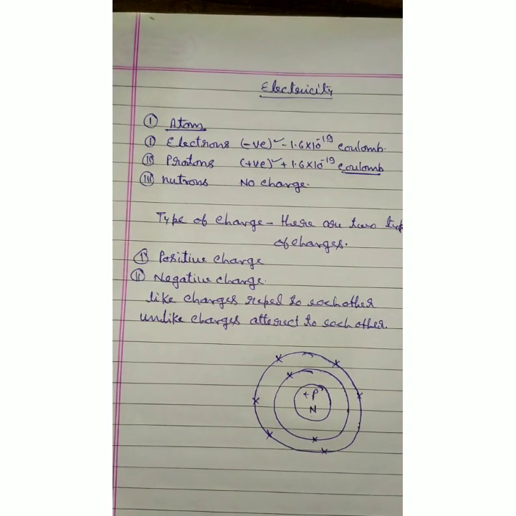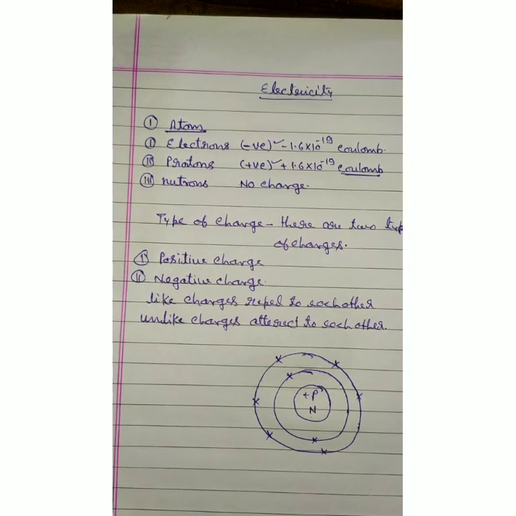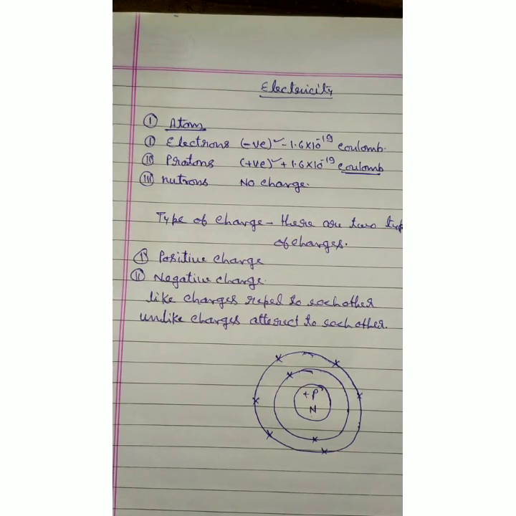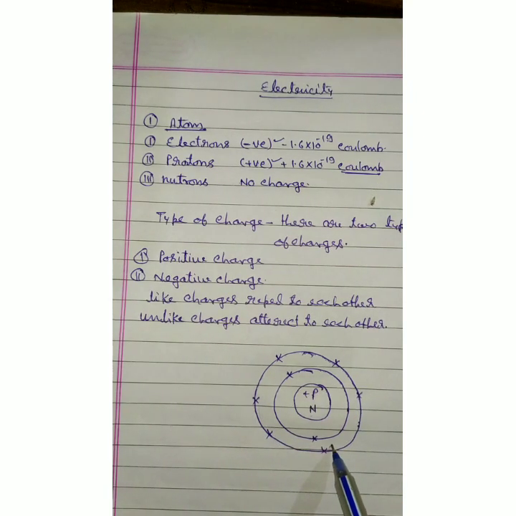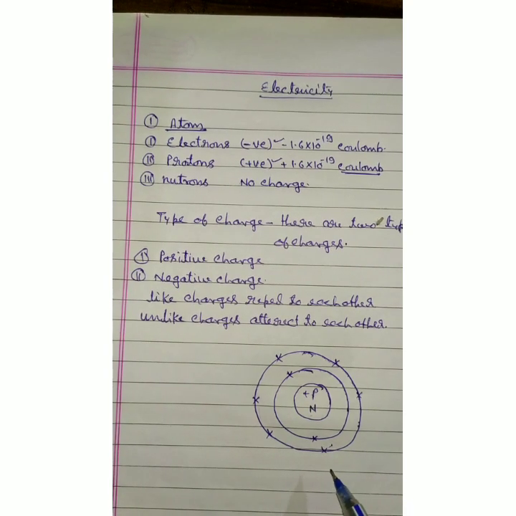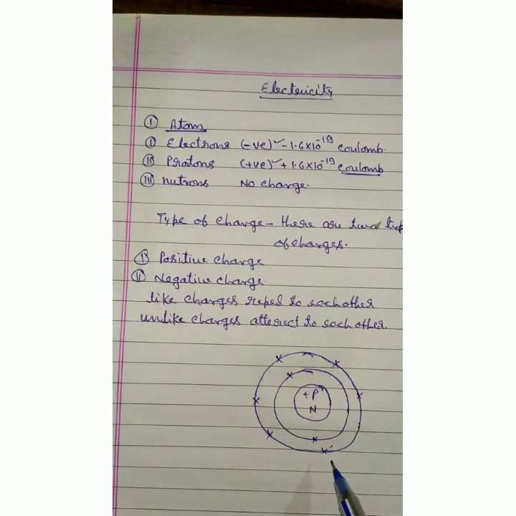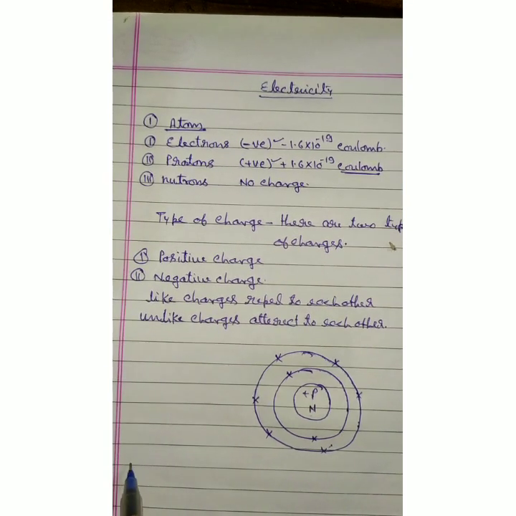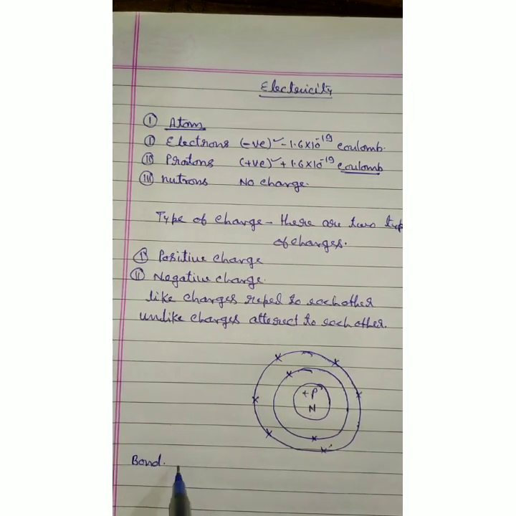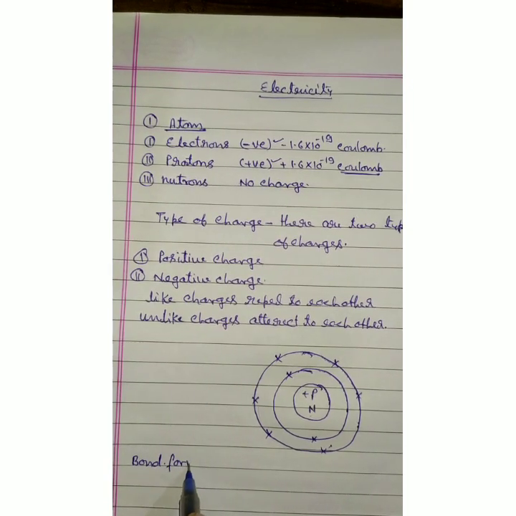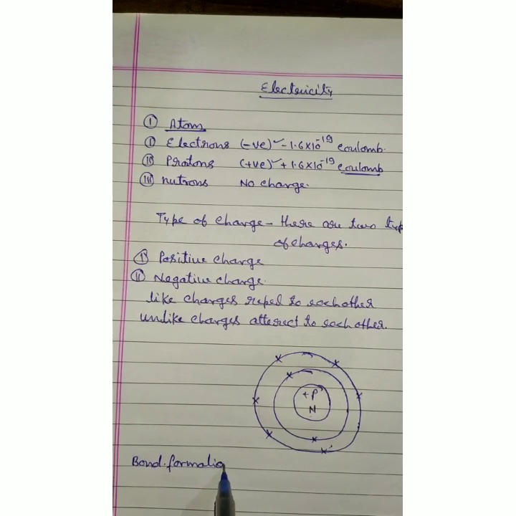Octet is the inert gas configuration, meaning if any atom completes 8 electrons in its outermost shell, then it is chemically inert. So for completing its octet, it takes part in bond formation.